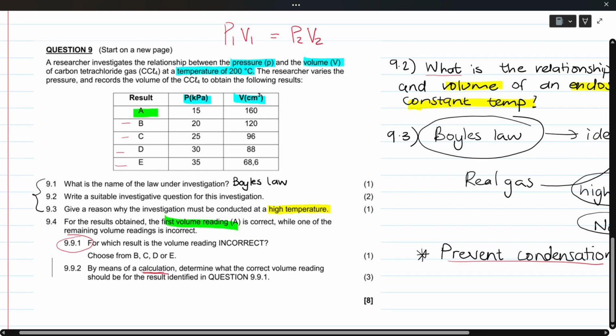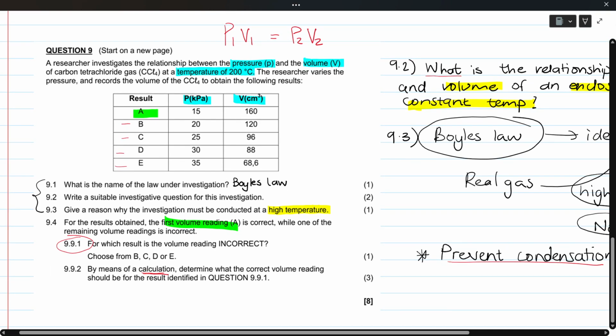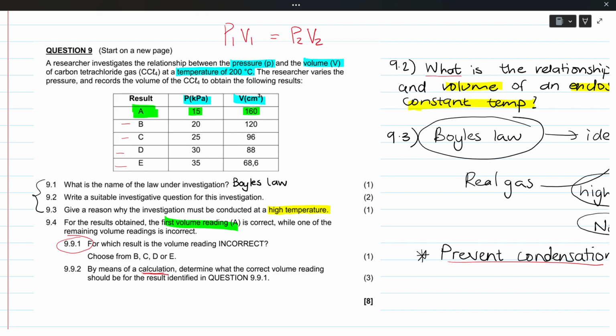So the first thing I want you to focus on is, remember, we know that reading A is correct. So we're going to highlight that in green, and that's going to be our go-to. If we need to compare anything, we're always going to use reading A because that is a correct reading. And next, let's just read again the introduction that we have. We're looking at the relationship between pressure and volume, and then the researcher is varying pressure.